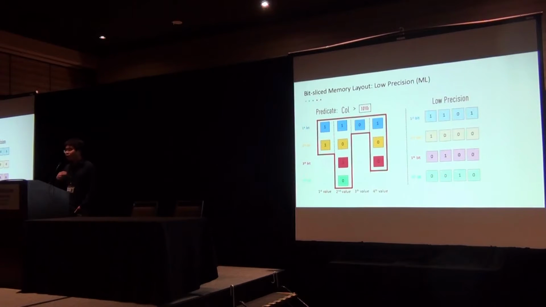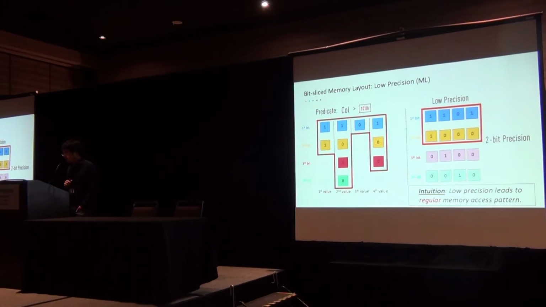Suppose we want 1 bit precision, we only need to read the bits in blue, the first bit. Suppose we want 2 bit precision, we only need to read the bits in blue and orange. Here we can find that low precision leads to a regular memory access pattern.